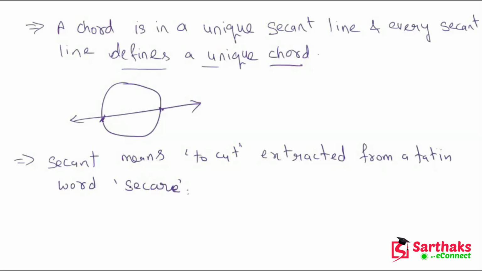While in a circle a secant will touch the circle in exactly 2 points, and a chord on the circle is the line segment defined by these 2 points. That is the interval on a secant whose endpoints are these 2 points. So I hope, my dear friends, you understand the concept of secant and chord.